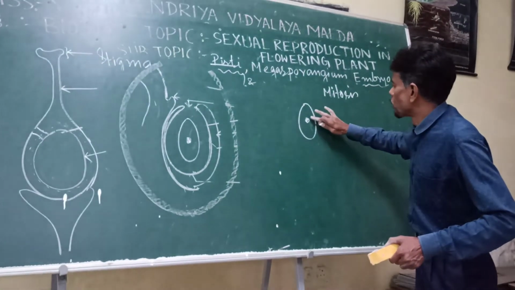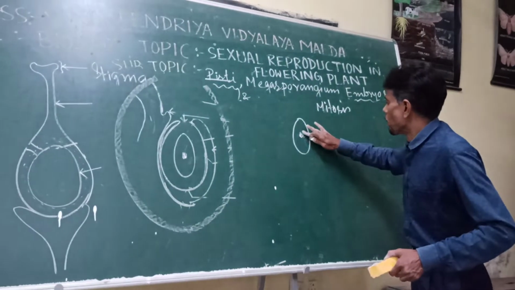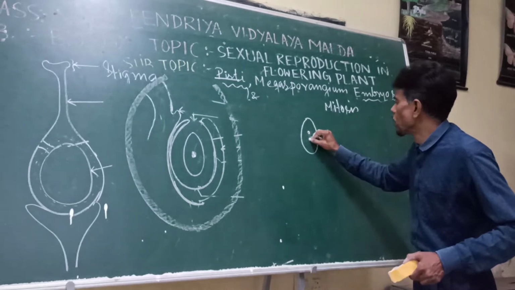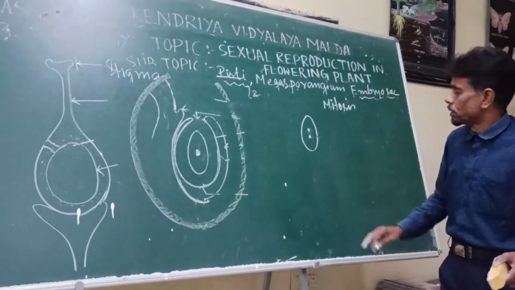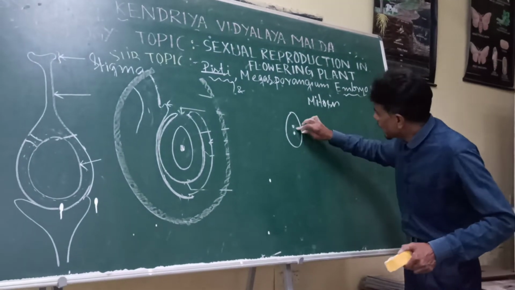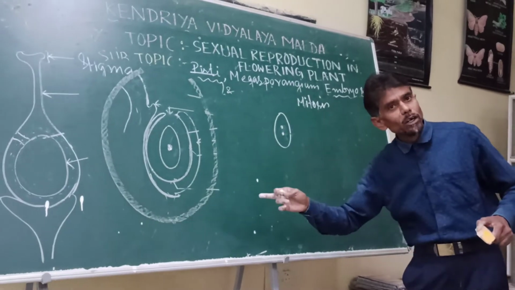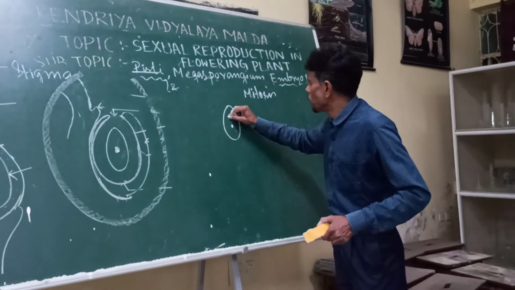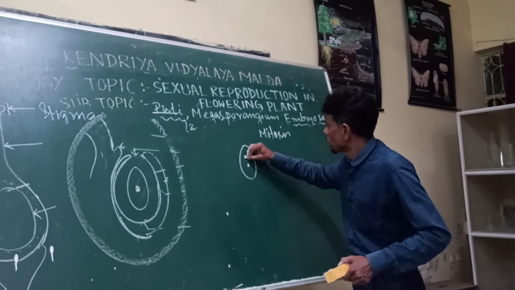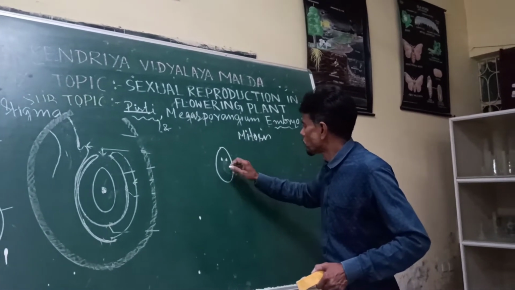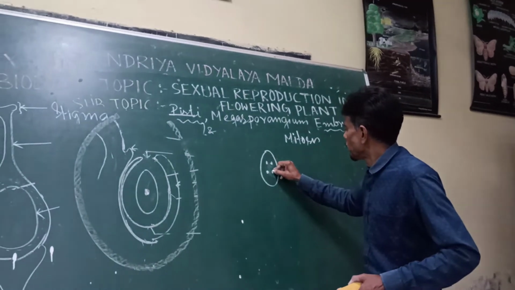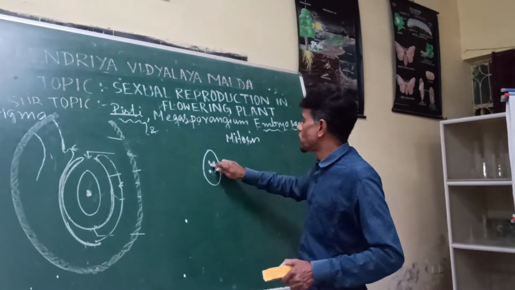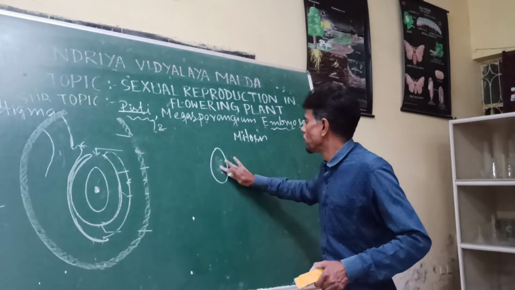The nucleus will first divide mitotically to form two nuclei. Then each nucleus will undergo a second mitotic division, each forming two. Then a third mitotic division will take place from each, another two. So total 8.